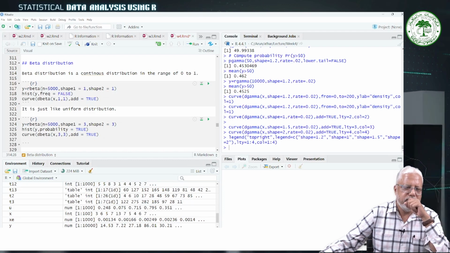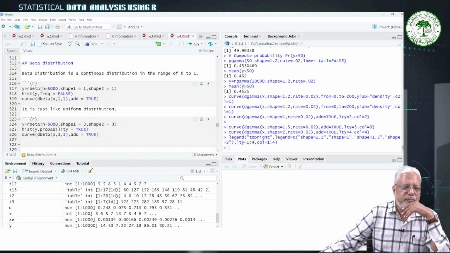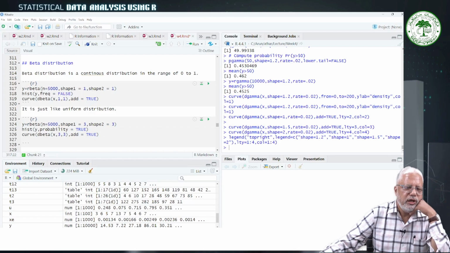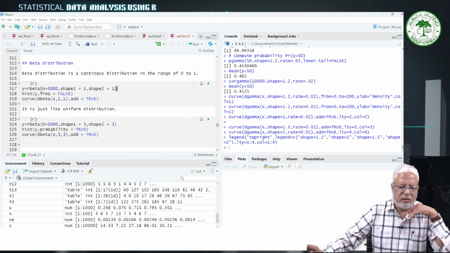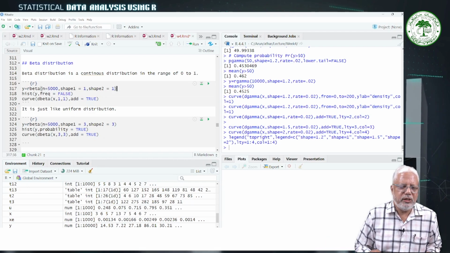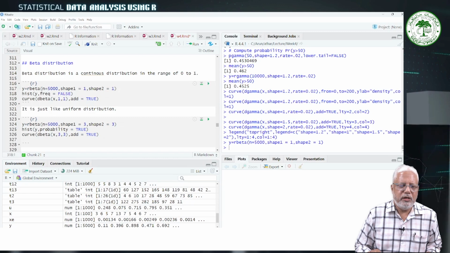But here there are two shape parameters in beta distribution. If we simulate 5,000 observations, see what shape it takes. Because shape1 is equal to 1, shape2 is equal to 1, it becomes uniform distribution.